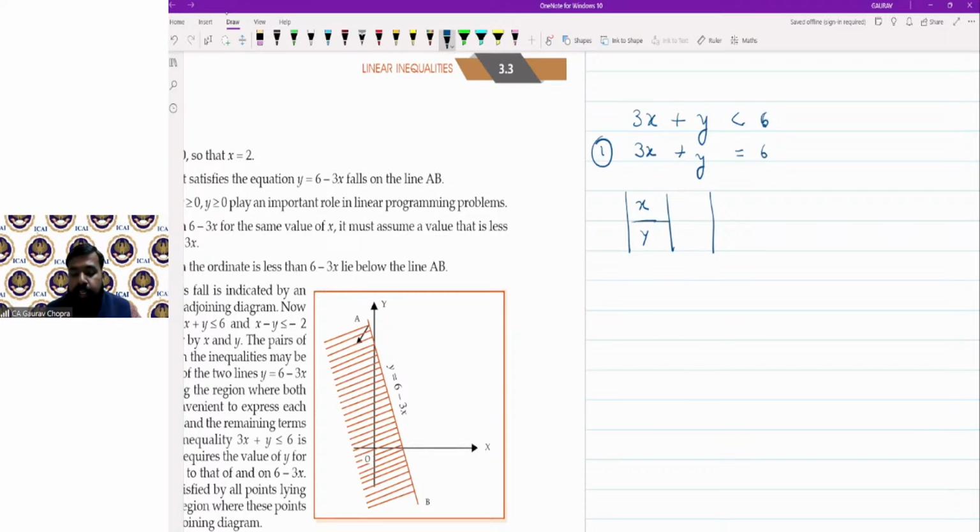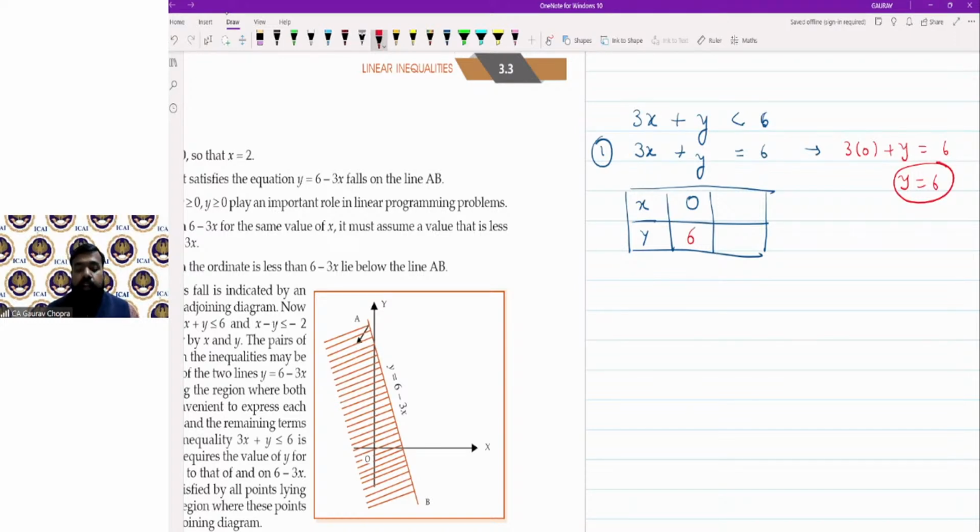Now we can take any value. Let's say we take 0. If x is 0, then substitute the value of x as 0. So what will be y? y will become 6. So when x is 0, y is equal to 6.